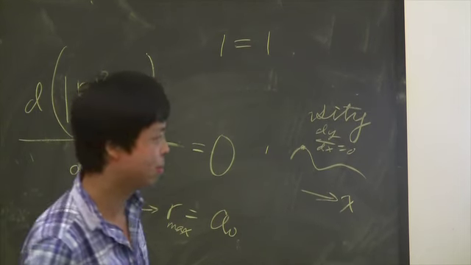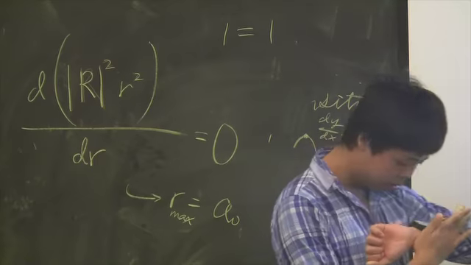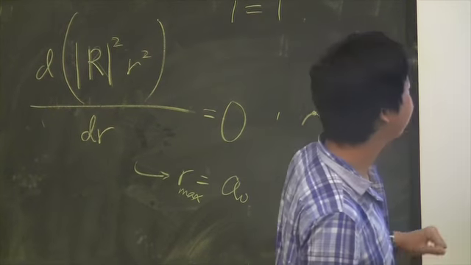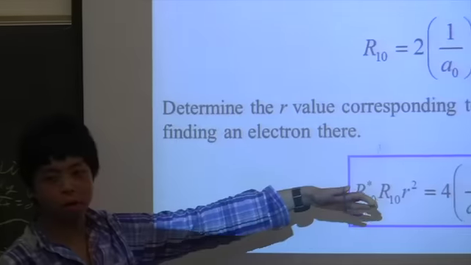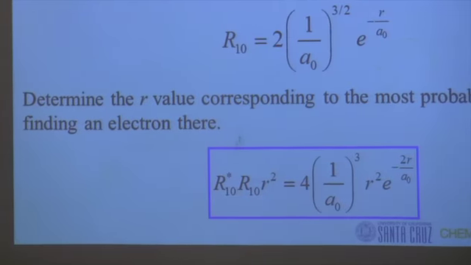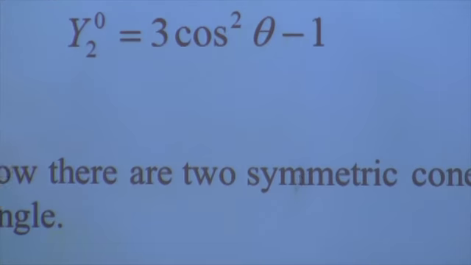Okay. We need to do this one first, and then we do the derivative and set the derivative to 0. Okay, I have a last one, but I don't have time. I just leave it to you to think about it.